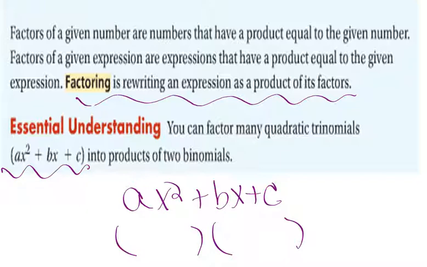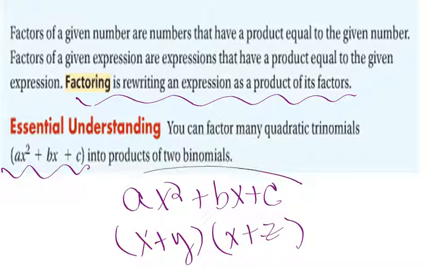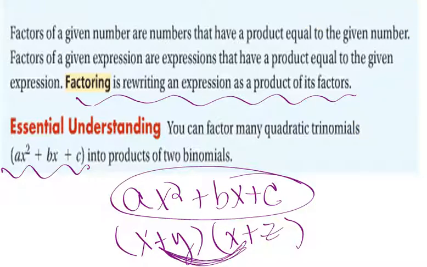So we can factor many quadratic trinomials in this form, ax squared plus bx plus c, into a product of two binomials. So x plus a number, we'll call it y, and x plus z, some other number. Okay? So any trinomial in this form, we can most likely factor into two binomials.